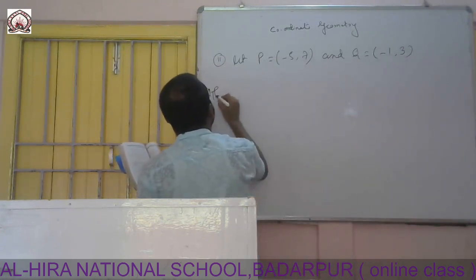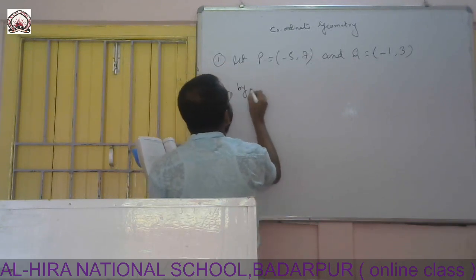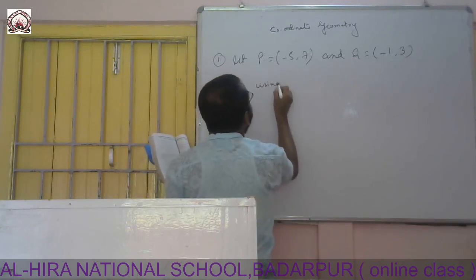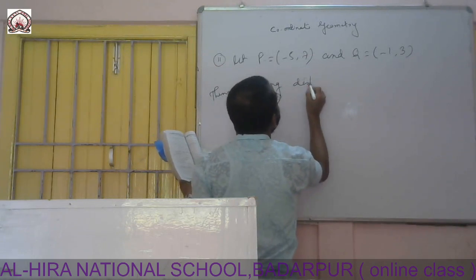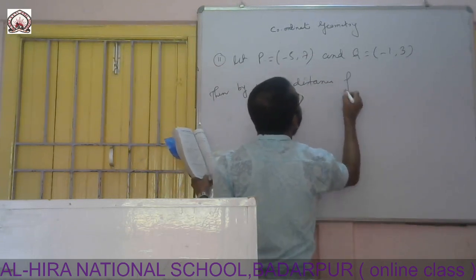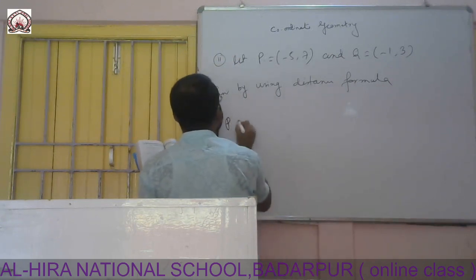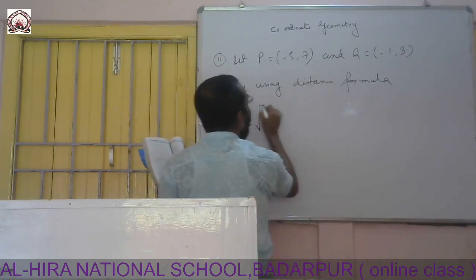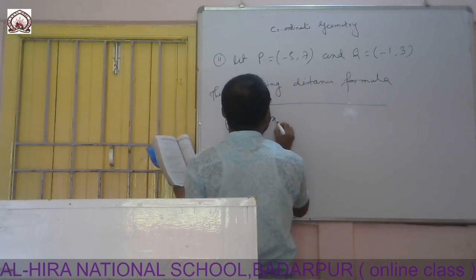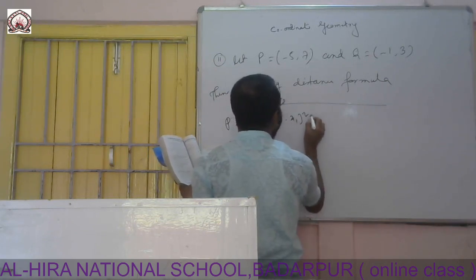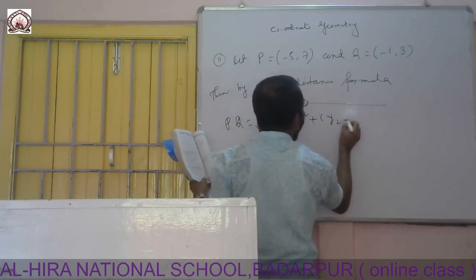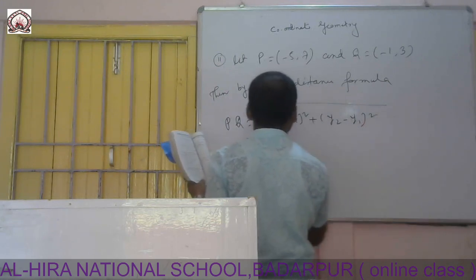Then by using the distance formula, PQ will be root over x2 minus x1 whole square plus y2 minus y1 whole square.